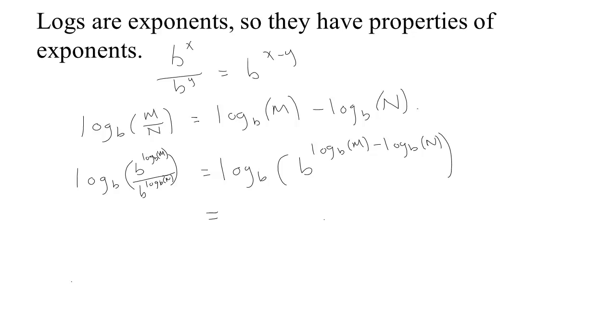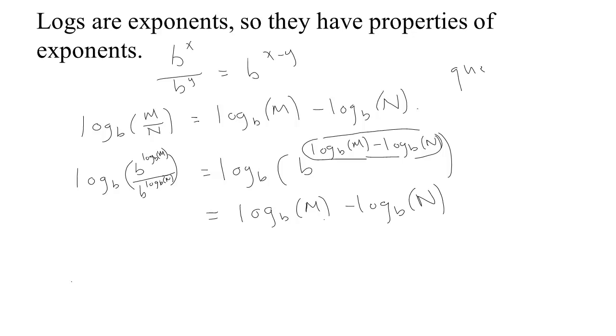Okay, and this is saying what exponent do you put on b to get b to this particular power? Well, that would be the exponent that you put on b to get b to that power, so that's the log base b of m minus the log base b of n. So this is sometimes called the quotient rule for logs.